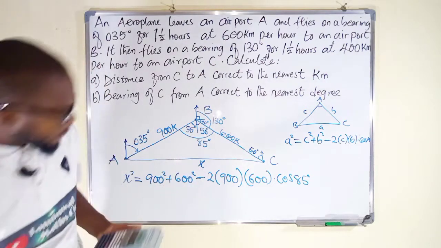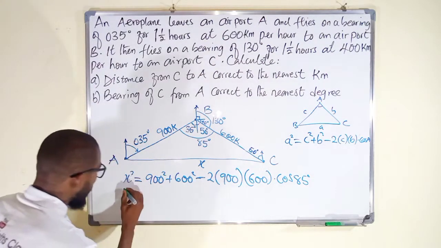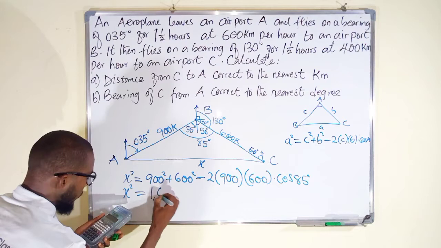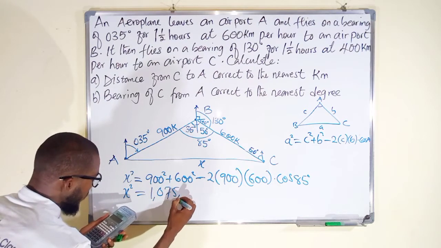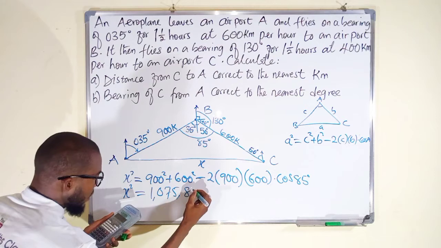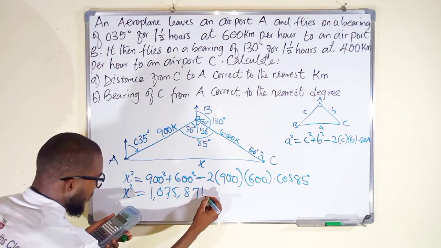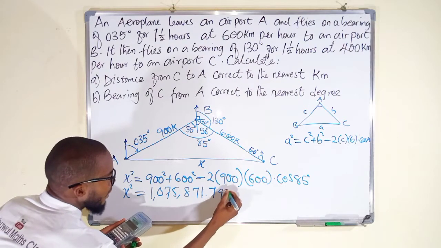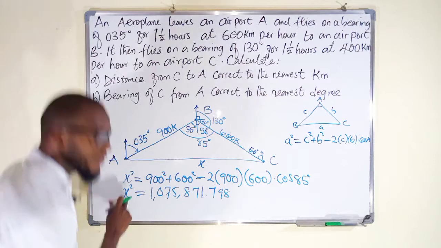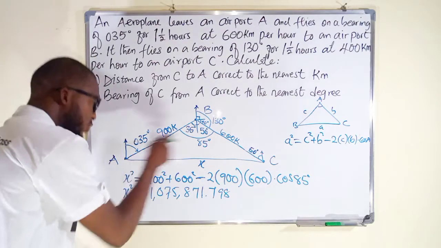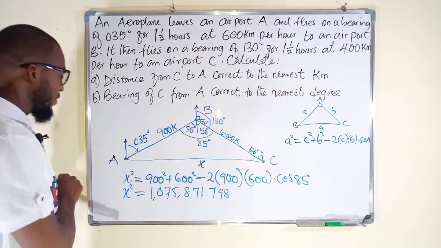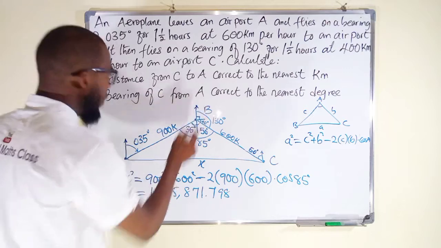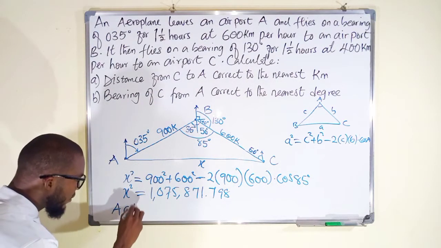What I have here is 1,075,871.798. So let me write it. X squared will be equal to 1,075,871.798. But we are looking for X, not X squared. Therefore, if we take the square root of both sides, we'll be able to obtain this X. And remember, X is just the distance of C from A, so we can call it AC or CA, all the same.